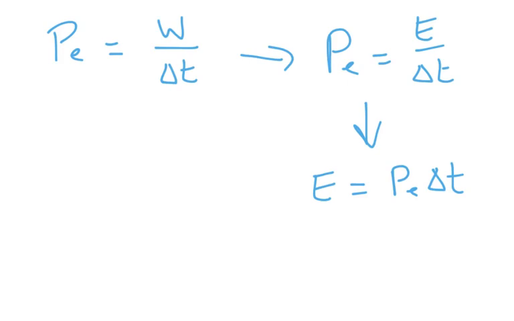So we're going to use the concept of this formula and bring it back to mechanical power in physics. Mechanical power is known as the quantity of work done per unit of time.